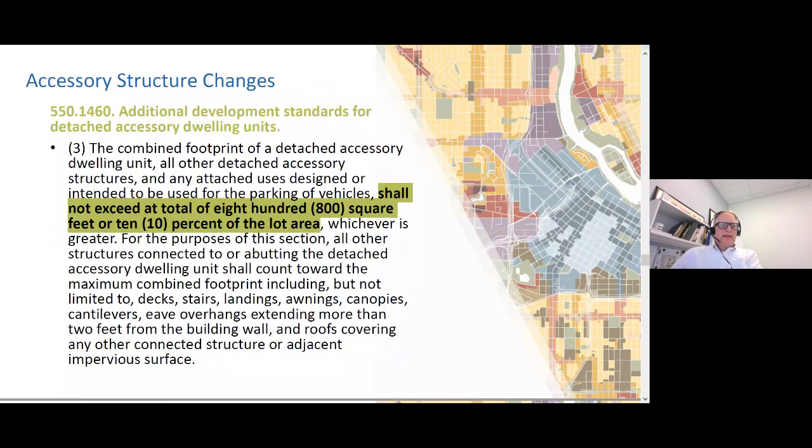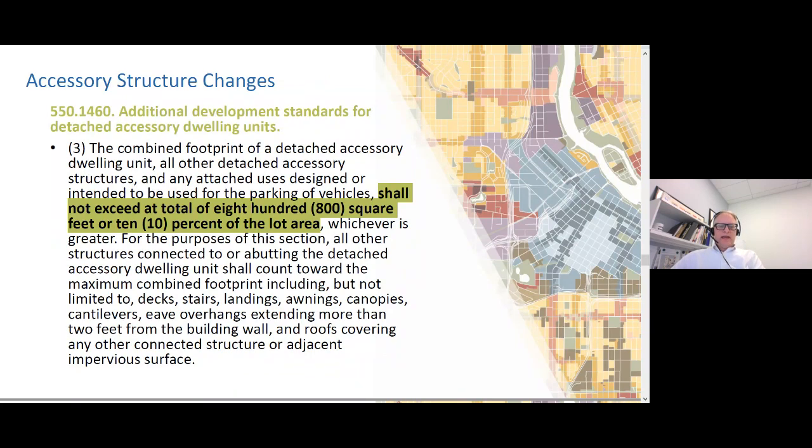Larger lots can benefit from a provision that allows accessory structures to cover 10% of the lot area. There used to be a cap of 1,000 square feet in those situations, but that has now gone away. Of course, you still have to meet the lot coverage and impervious surface standards for the overall property when taking advantage of more flexible accessory structure lot area standards.